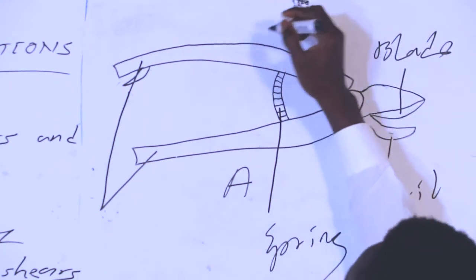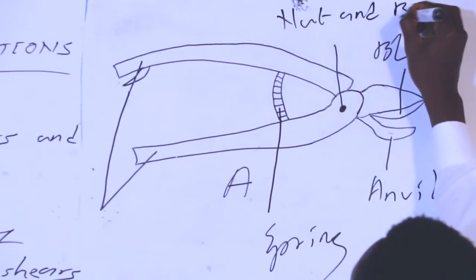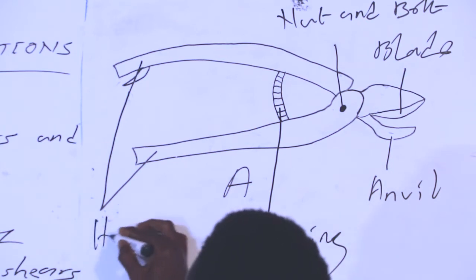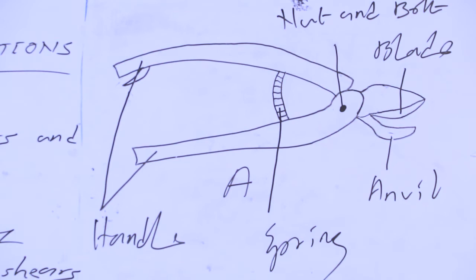This is bolt and nuts, or nut and bolts. Then there is the handle. So something similar here. The nuts and bolts. Then blades.